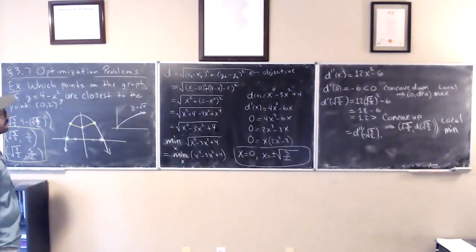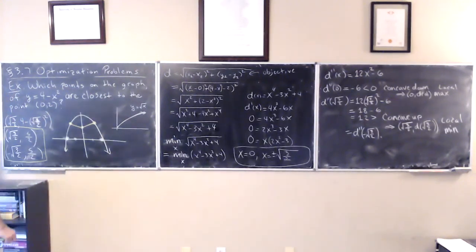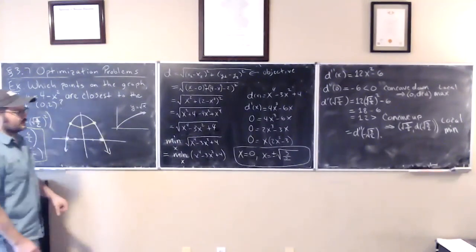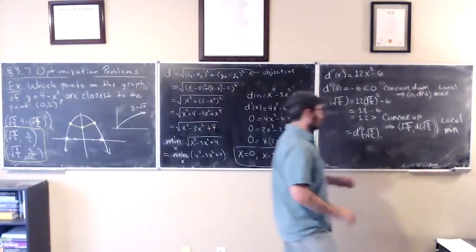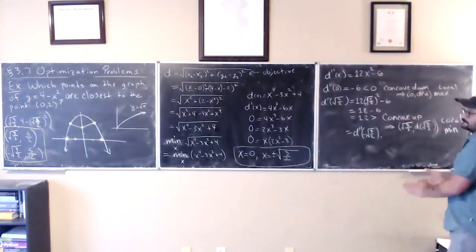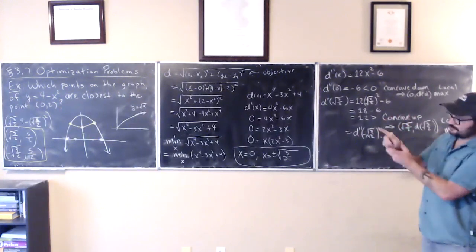How did you get 5/2 for y? If you plugged in square root of 6 over, no, what do you have here? 6/2? Yeah. So just 3. Okay. Well, I'll have to look at the work you did to check that, but this should be the correct answer here.